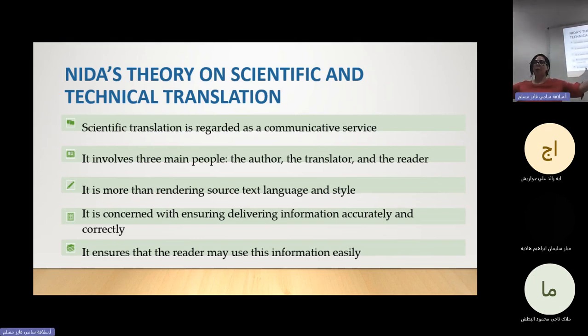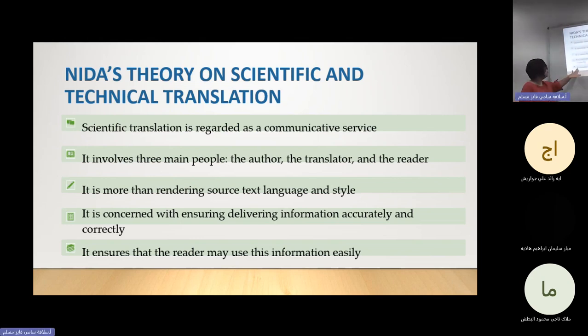Maybe it doesn't work. It can explode, right? If you want to launch it, it doesn't launch, okay? So translating these types of information is very crucial. It needs accuracy and it needs to be correct, okay?